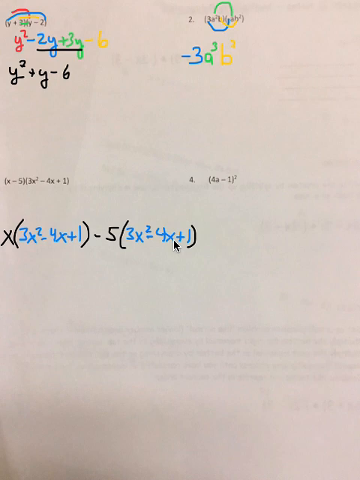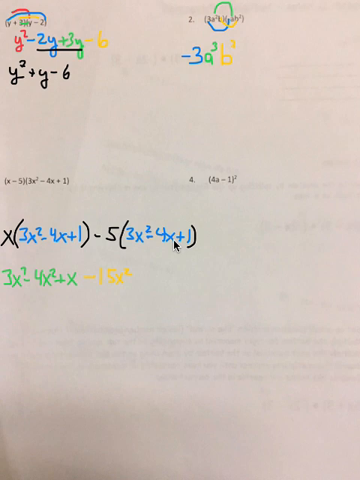So when we distribute the x through, we get 3x to the third minus 4x squared plus x. And remember, when you multiply variables together, you always add the exponents.